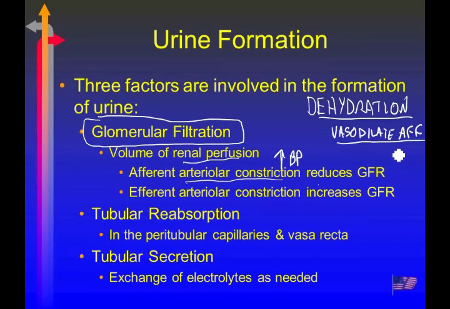If it constricts, it increases the glomerular filtration because it pushes it out of the vascular space. Correct. So bottom line is it's the control of these two arterioles that allows for that change in glomerular filtration rate to happen.